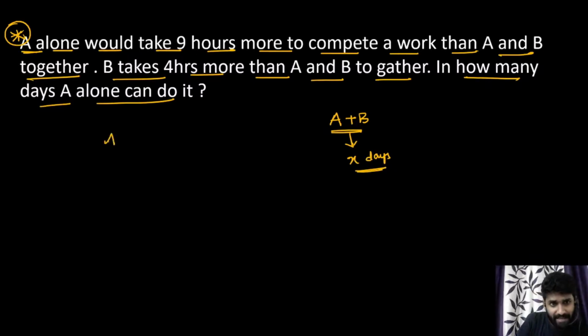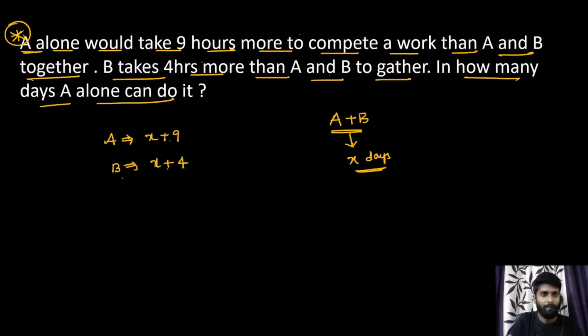A alone can complete the work in 9 days more than A and B together, meaning A completes the work in X plus 9 days. B takes 4 days more than A and B together, so B's time is X plus 4.